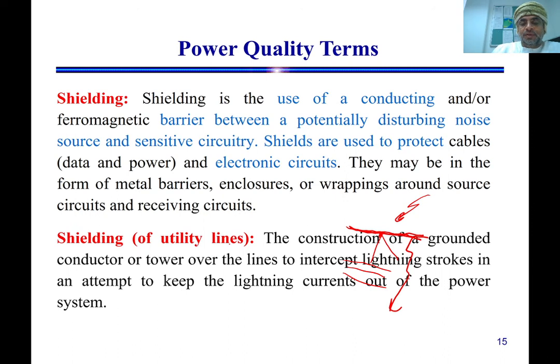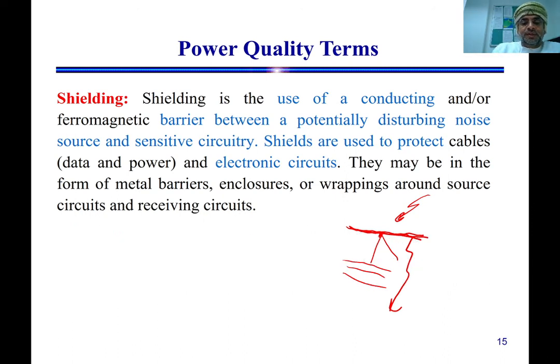So if we have sensitive electronic equipment, and we know that this equipment will be subjected to noise from somewhere, then what we can do is put it in a metallic barrier.